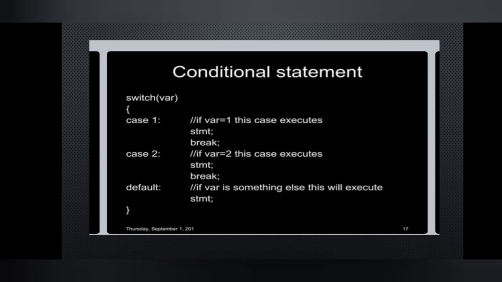And here we come to the switch case conditional statement, where we give switch and a variable, and if case 1 is true, it will execute the statement and break. Then again it will check if case 2 is there, and it will execute the statement and break. Default: if the variable is something else, then this will execute the statement.